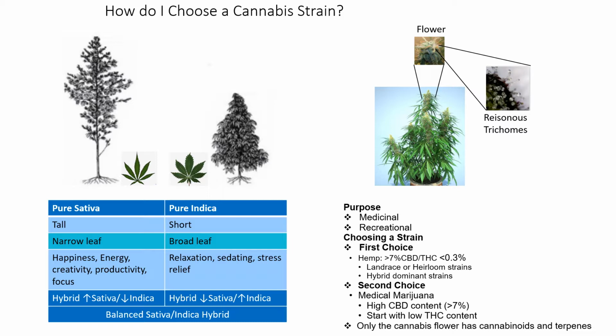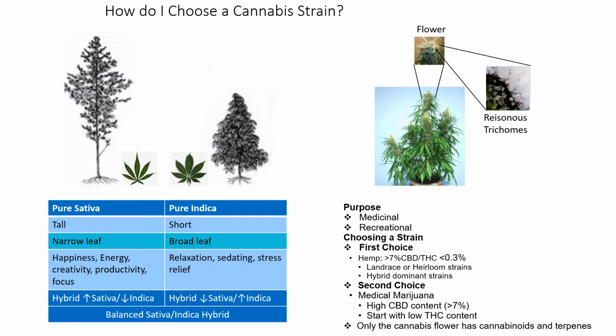In summary, for elation, choose hemp sativa extract with greater than 7% CBD and less than 0.3% THC first. Second, if that doesn't work, then move on to medical marijuana sativa extract with greater than 7% CBD, and always ensure that the THC levels are lower than those of the CBD extract.